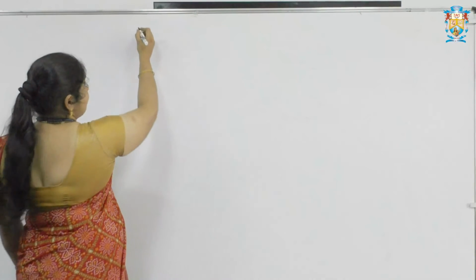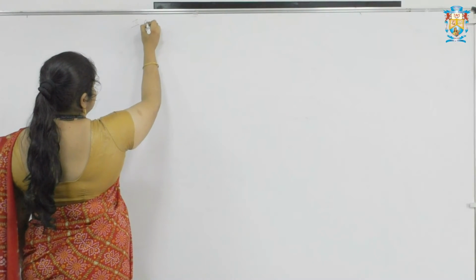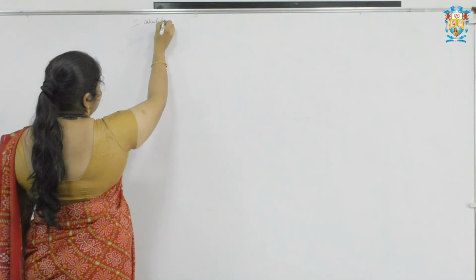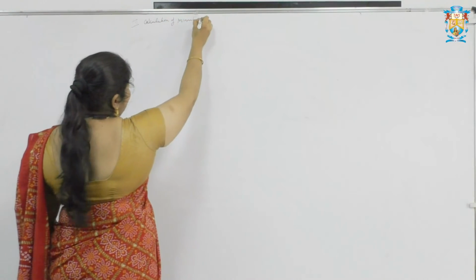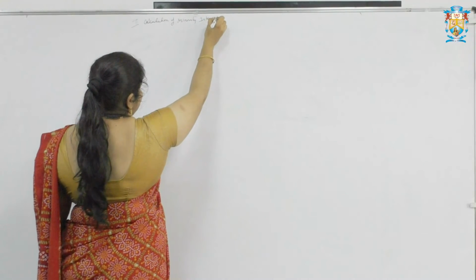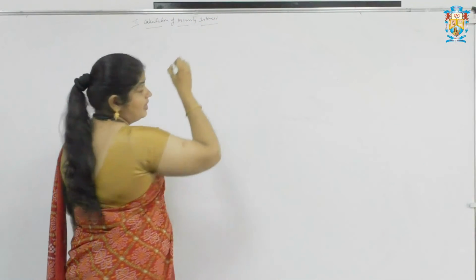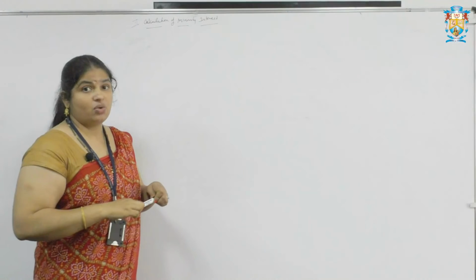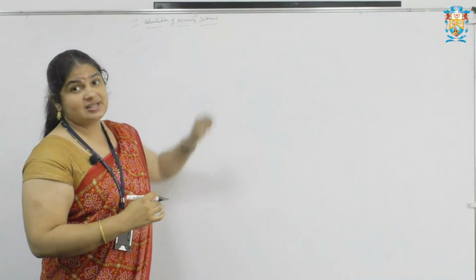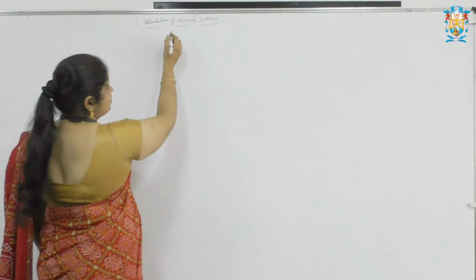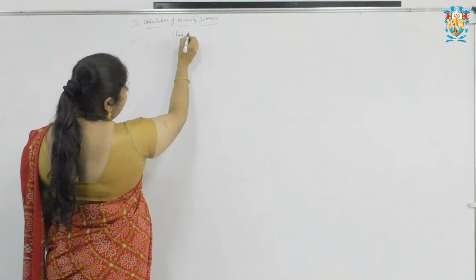Next, let us do the second step, the calculation of minority interest. We have to give the interest to the minority shareholder. Whatever money is collected belonging to the minority shareholder, you have to give the minority shareholder's portion. So it is considered as minority interest. In everything he is going to get a share.